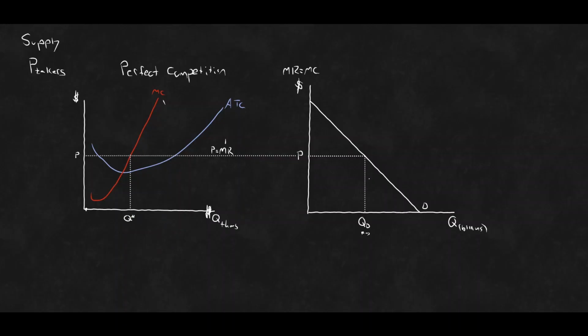What happens if the price in this market goes up? Well, if the price in this market becomes higher, the firm responds, hey, we have a new price, marginal revenue to marginal cost. The firm responds with a higher quantity that they supply.